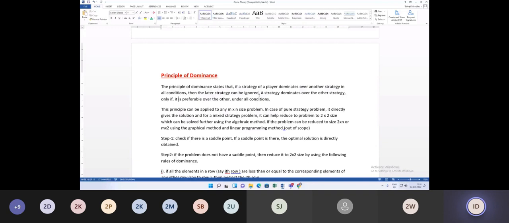Right? So where it is applied to m by n size, it can be reduced to 2 by 2 size, which can be solved further using the algebraic methods. Again, the equations are reduced up to 2 by n or maybe m by 2 also.